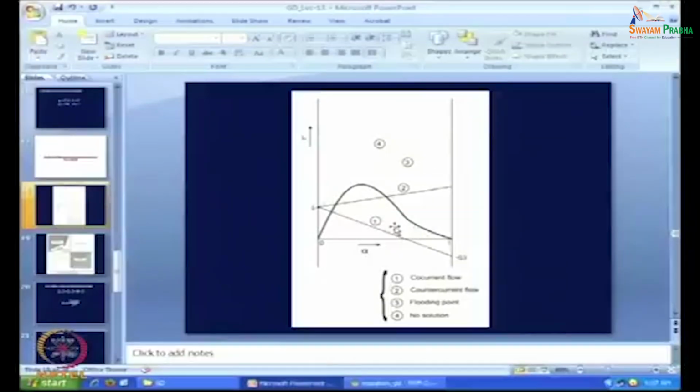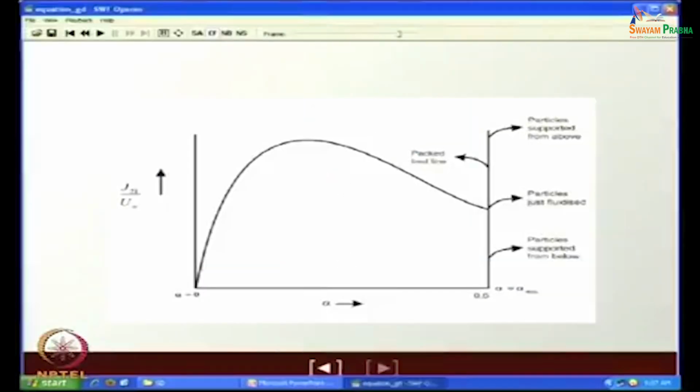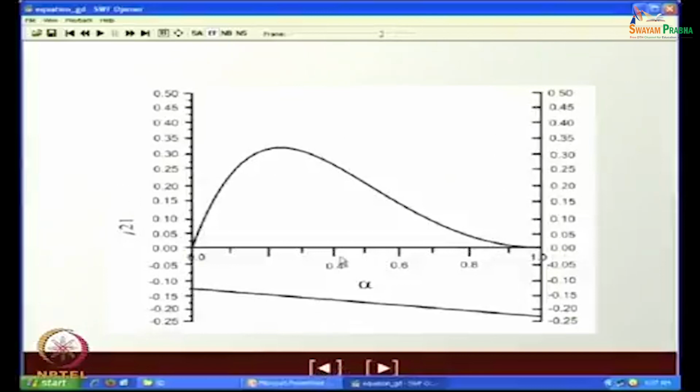After this, the next thing I would like to show is one more thing I would like to tell you under this particular flow situation. Remember one thing: when we are doing it for gas liquid systems, more or less we find that this particular curve can extend from alpha equal to 0 to alpha equal to 1. Agreed?